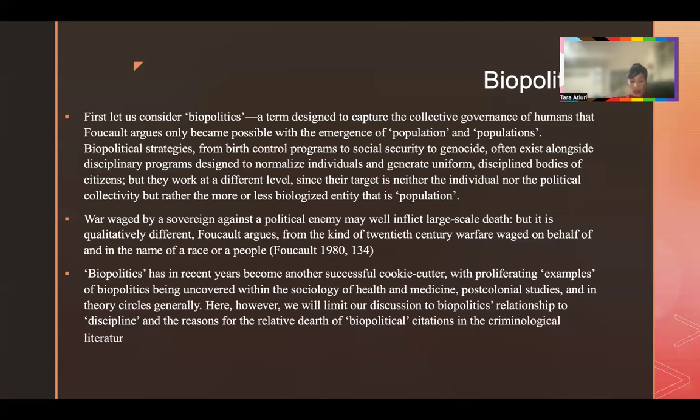And eugenics often targets certain groups of women, specifically women who are ethnic minorities or religious minorities and poor women, and tries to prevent these women from having children.